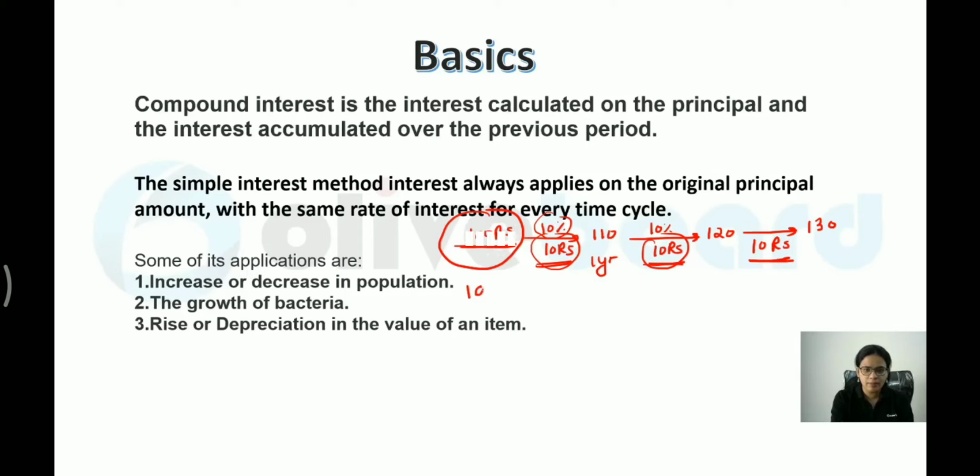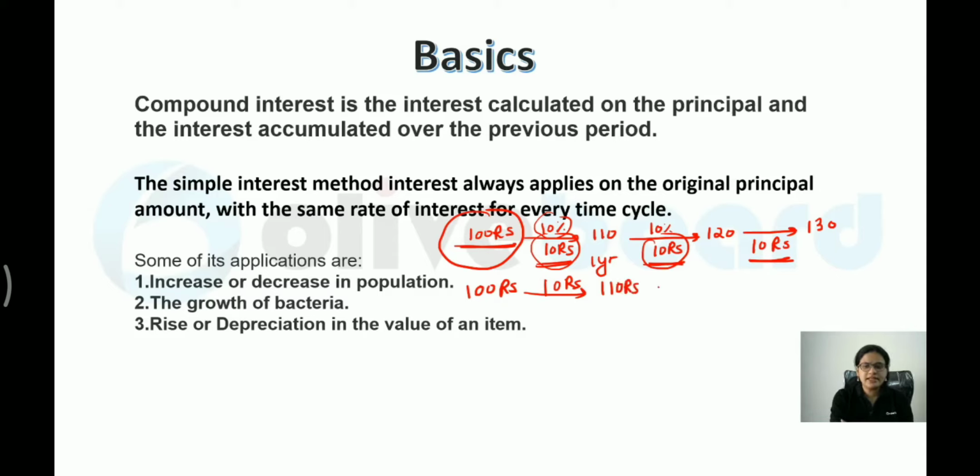When you're talking about compound interest, I have deposited 100 rupees with the bank. Now I got 10 rupees as interest in the first year. So what would be the total value? 110 rupees.